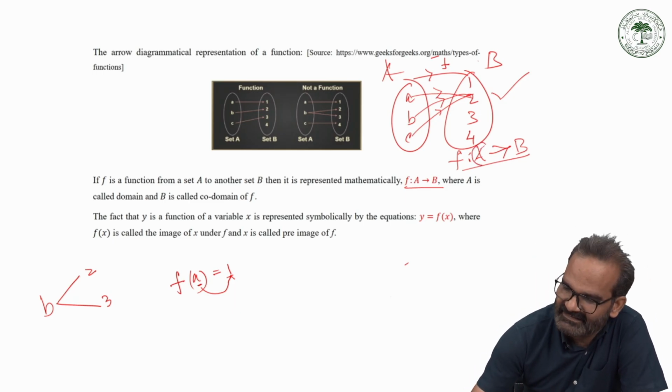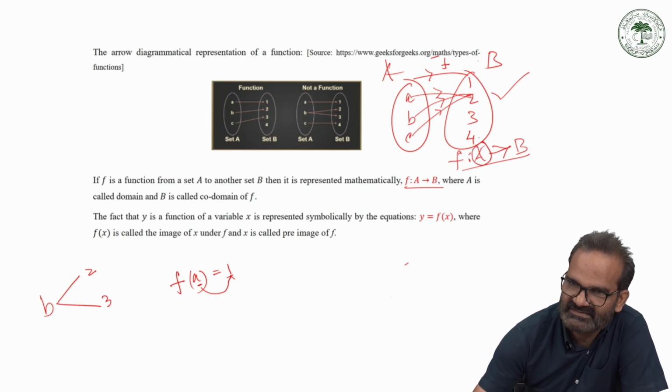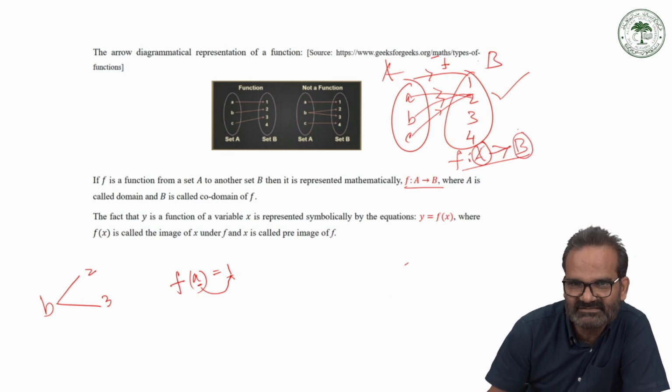The set A is called its domain. That is, the first set is called its domain and the set B is called its codomain, right?